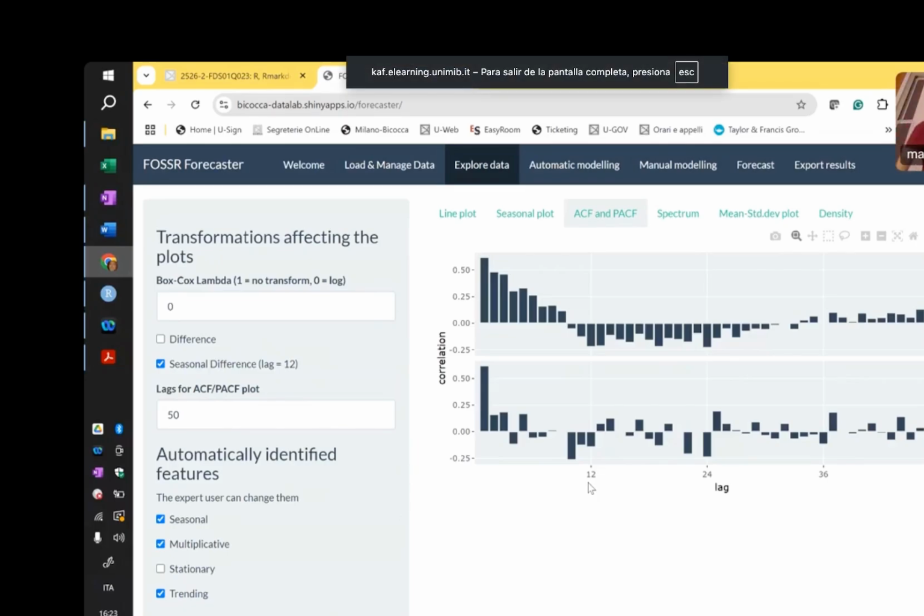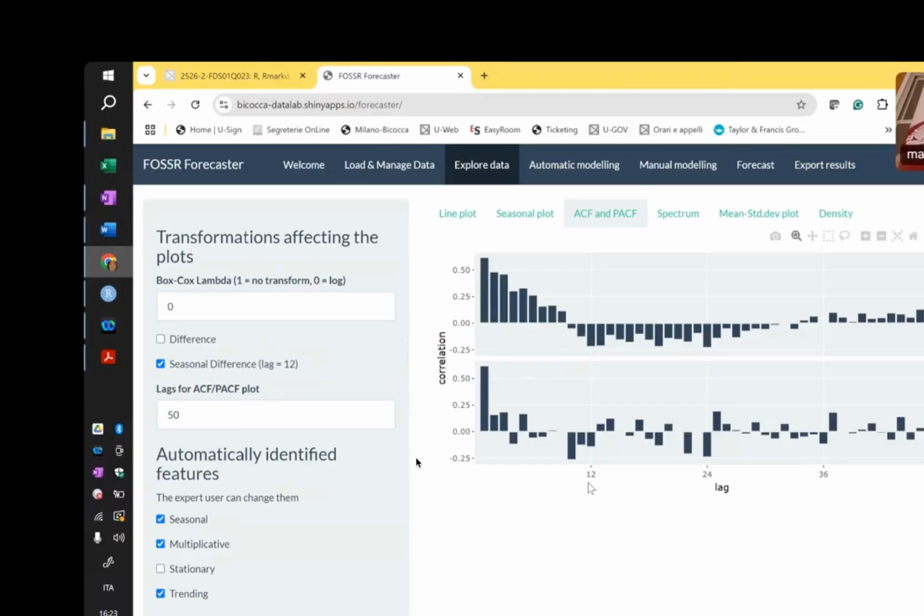So what does this suggest? Well, this suggests probably there are some kind of autoregressive patterns in our data, right? So the ACF goes to zero gradually, so an autoregressive component is there, okay?